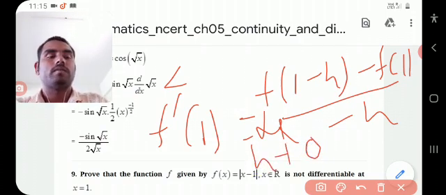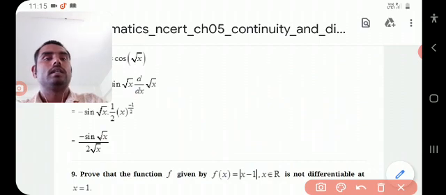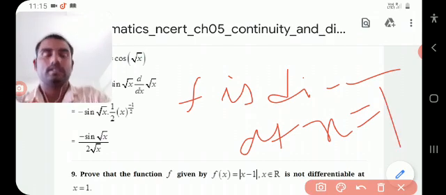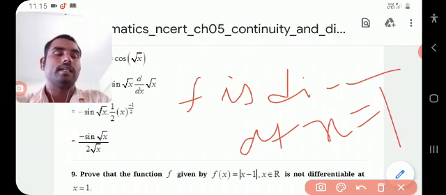This is the standard formula. If both exist and both are equal, then you can say the function is differentiable at x equal to 1. This is a basic definition, standard definition.